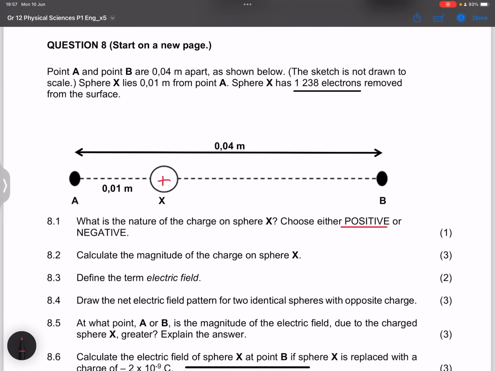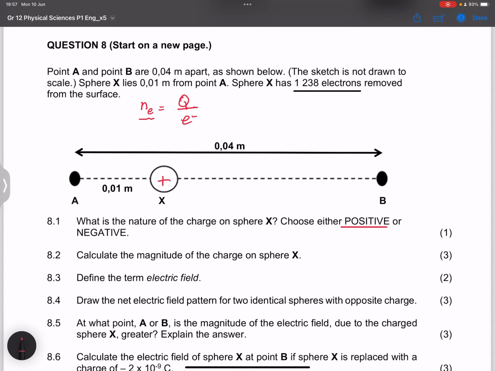We know that the number of electrons would be the charge divided by the unit charge of an electron. Actually, let me just use e there. Right, so now we're given the number of electrons that were removed.